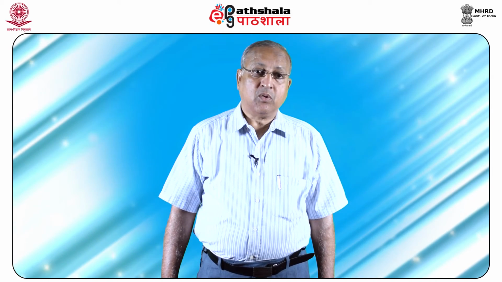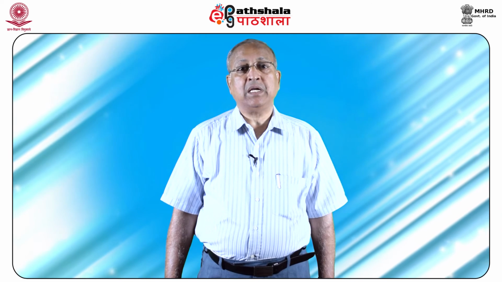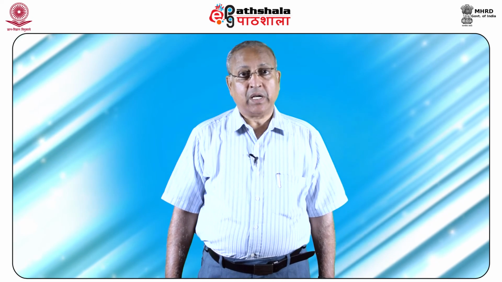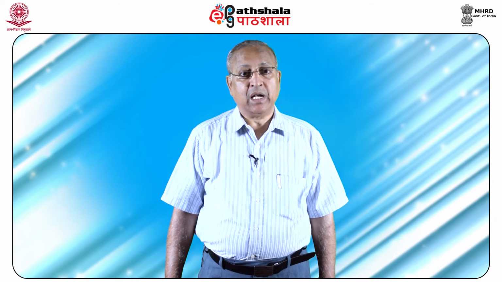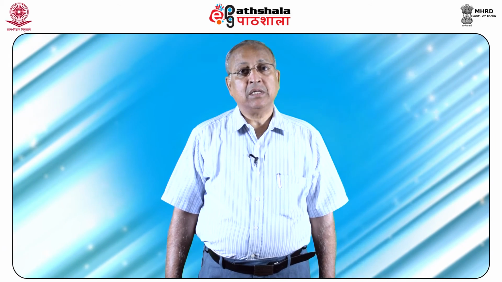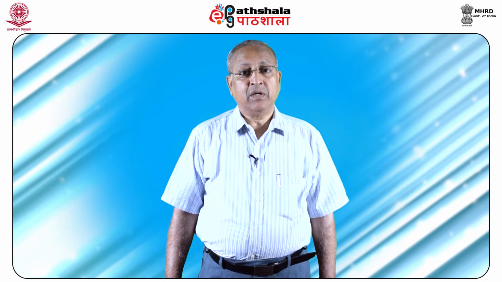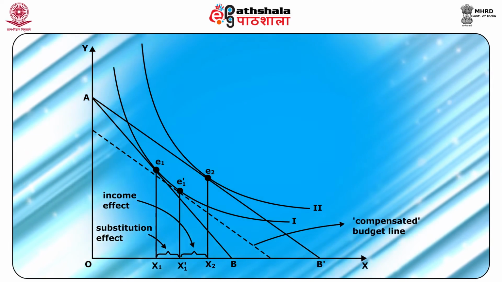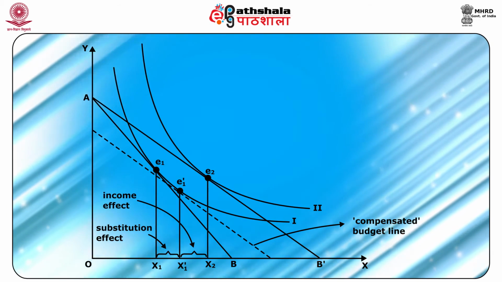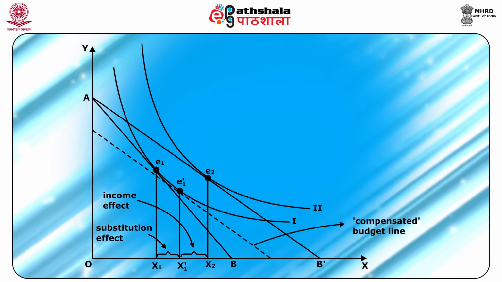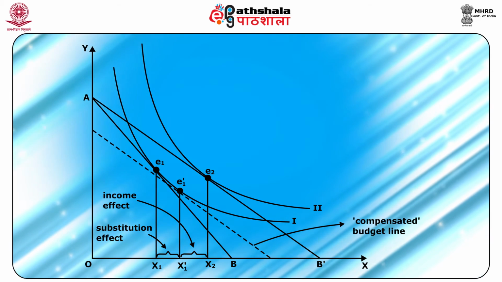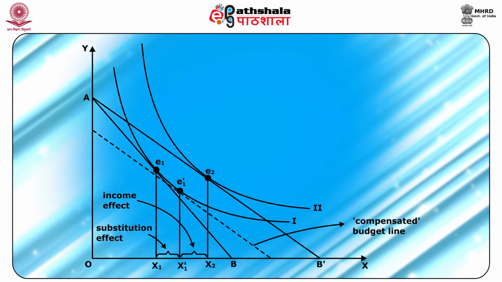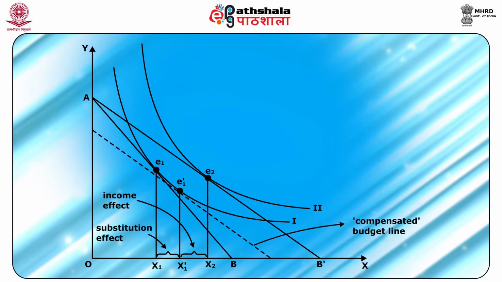In doing so, we make another budget line AB prime, which is parallel to the dotted line, which is the compensated budget line. Now the indifference curve number 1 is within the new budget constraint AB prime. The consumer would not like to remain here and would like to move to a higher indifference curve which is now available, and hence the consumer moves away from E1 prime and goes to E2.